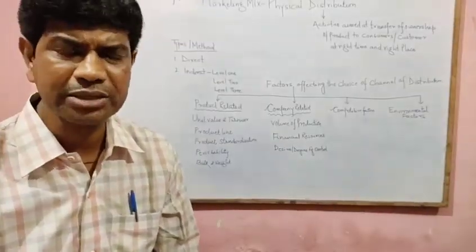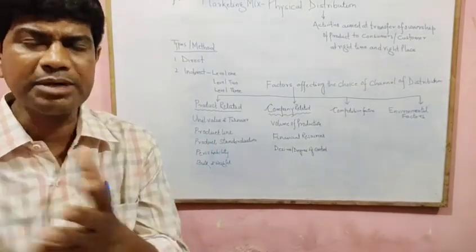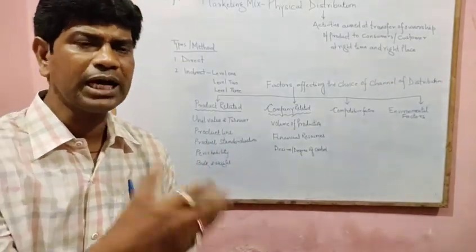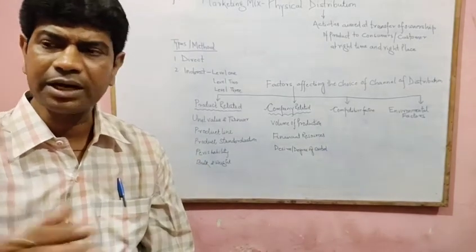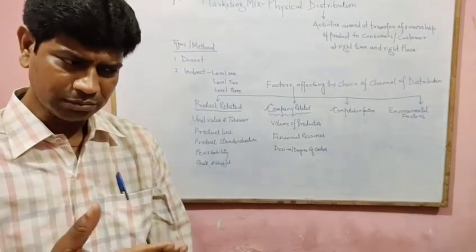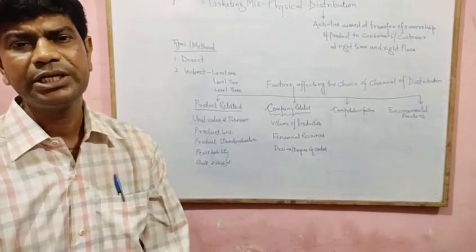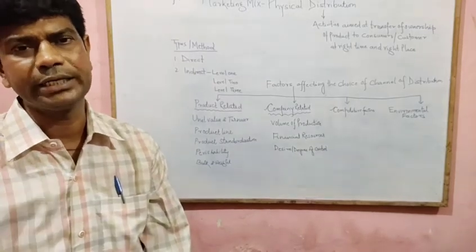So assortation means that according to the specification or requirement of the customers, the goods are assorted. They are resold according to the demands and the features customers look for. So that means distribution according to quality.